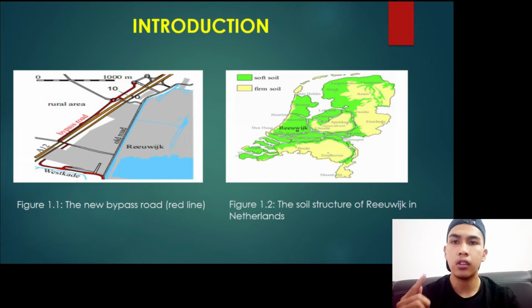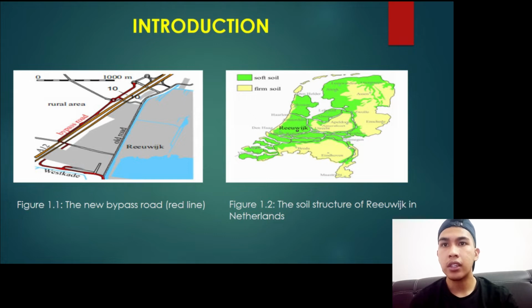It consists of 8 meters of soft and compressible peat and organic clay deposit. The groundwater table is high, at 0.2 to 0.5 meter below the ground surface. So our group has preferred pile embankment construction on the soft soil for the road construction.